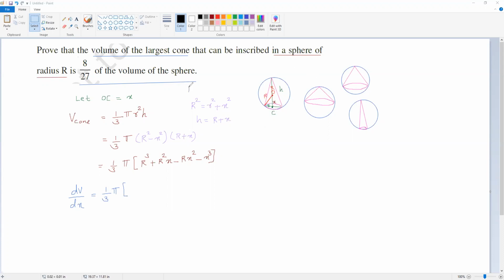R is constant, because it is the radius of the sphere. It is fixed. So its derivative is 0. Then plus R square into x: derivative of x is 1, so R square constant into 1. Minus derivative of x square is 2x, so 2xR, minus derivative of x cube is 3x square.